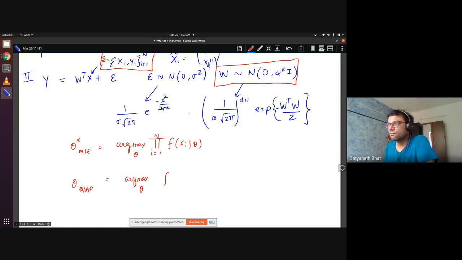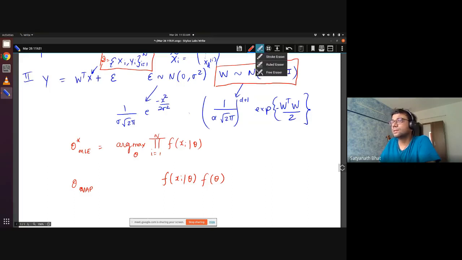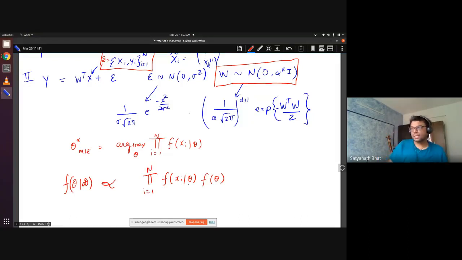So let us say f of theta given D is proportional to the product over i equal to 1 to n of f of xi given theta, times f of theta. This is the likelihood term, and this is called your prior. The proportionality implies that you are actually integrating out stuff, and that is how you are getting this.